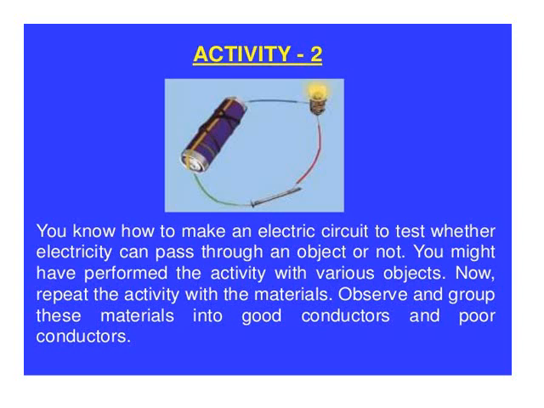And when you connect the carbon or the pencil lead in between the red and green wire, you cannot see the bulb glowing. The bulb will not glow at all because there is no continuity in the current. That means it is a bad conductor of electricity.